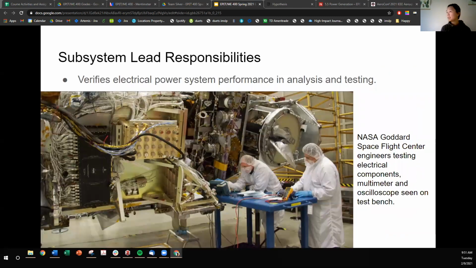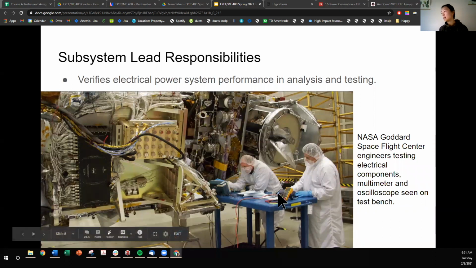Another responsibility is for the lead to verify electrical power system performance through analysis and testing. So you see there's two integration and testing engineers. They're at an electrical bench and they have an oscilloscope or some kind of signal generator. They have an ammeter.